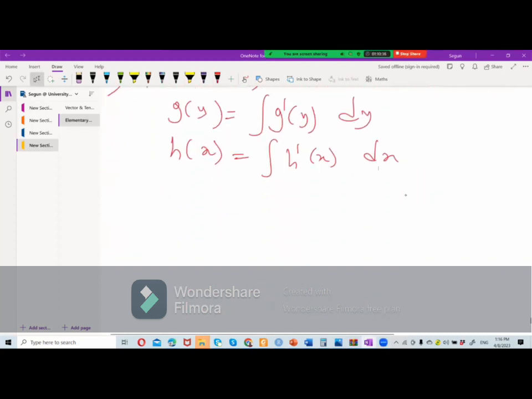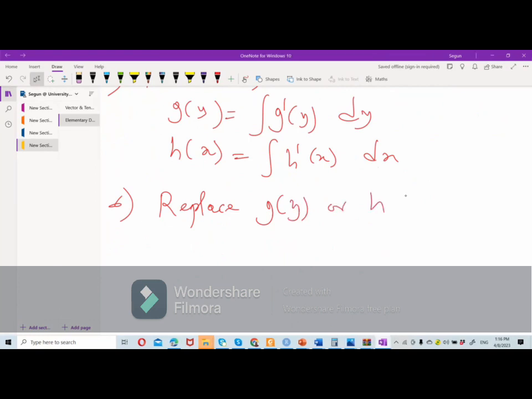Then at the end of the day, step 6, I can now replace g of y or h of x in equation 2 or thereabouts. It depends what you call it.